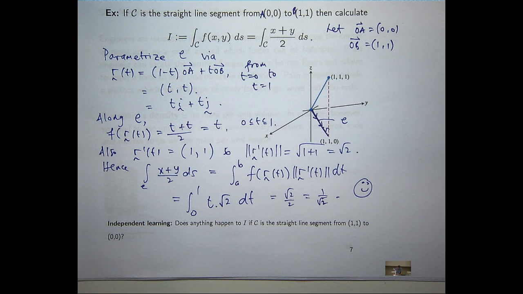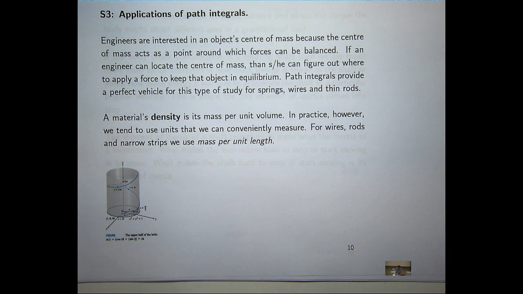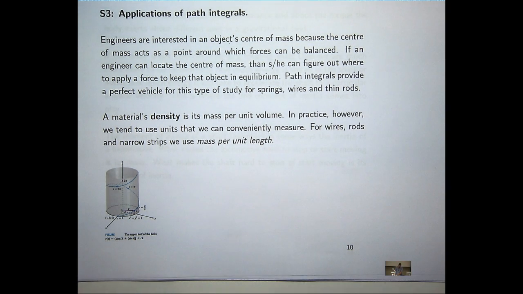Well, let's look at more physical applications. Let's talk about the relationship of path integrals with total mass. Why are we interested in studying mass and centre of mass?